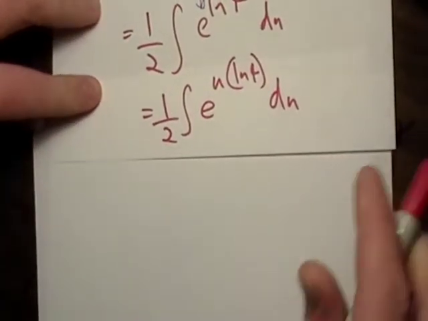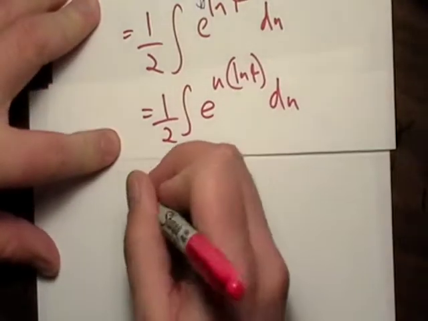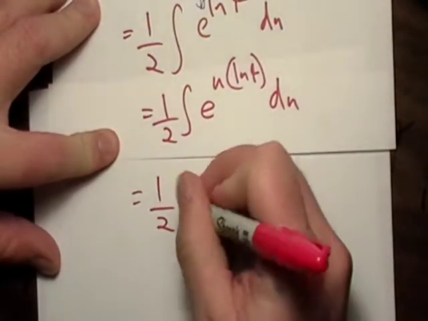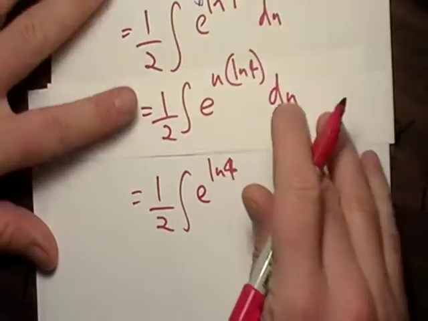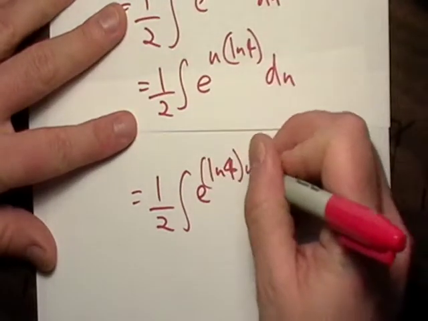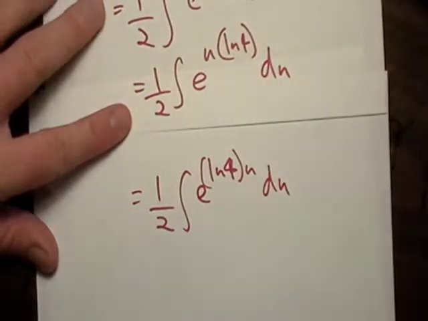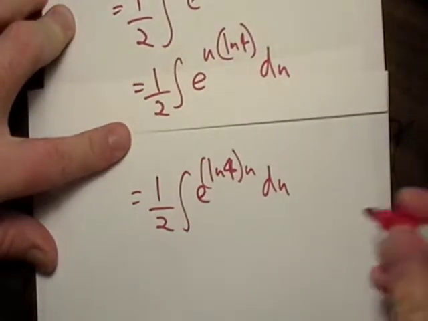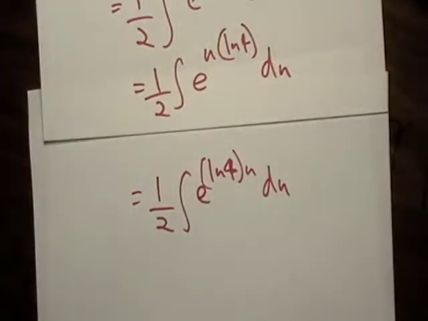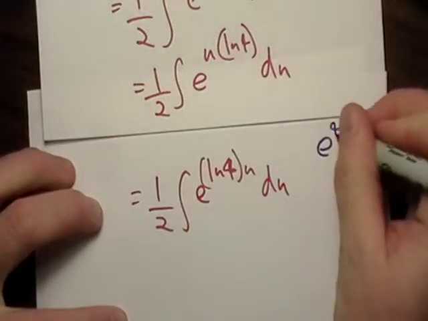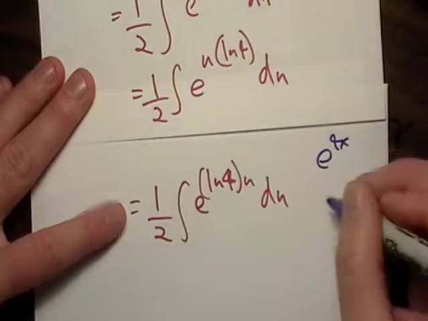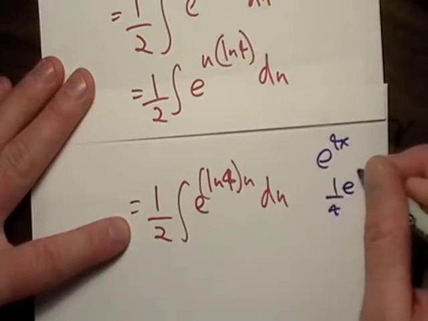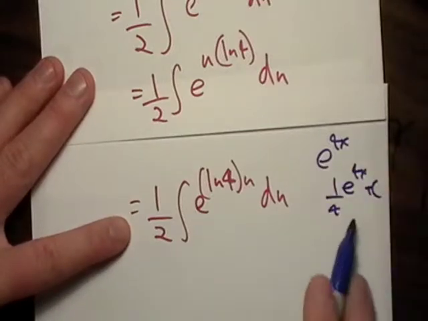Okay. Now I'm gonna rewrite this again. Now this kind of looks like one of these e to the 4x type things, right? And we know that the integral of that's 1/4 e to the 4x plus c, of course.